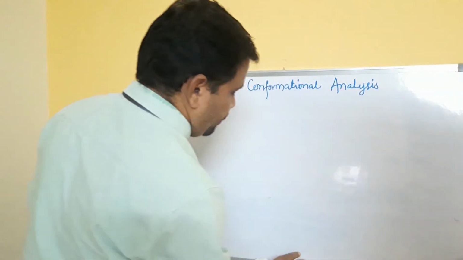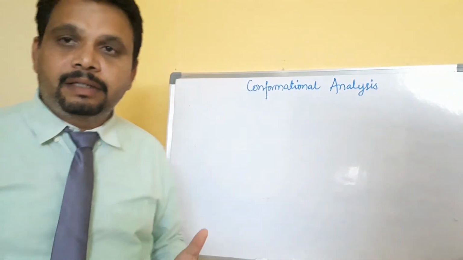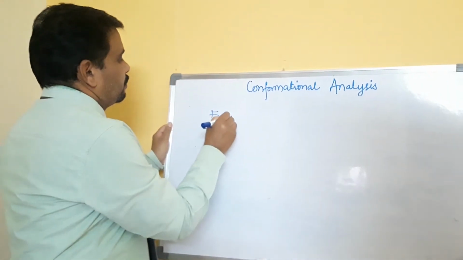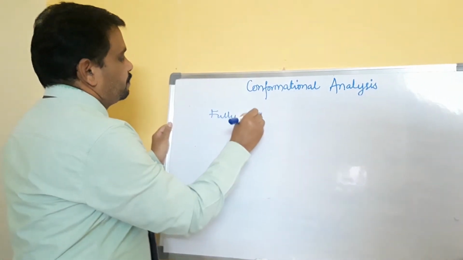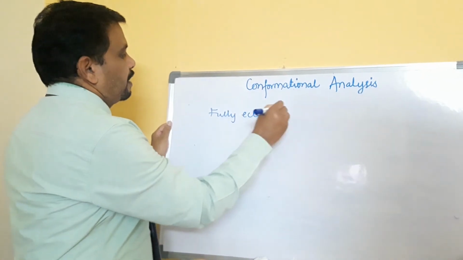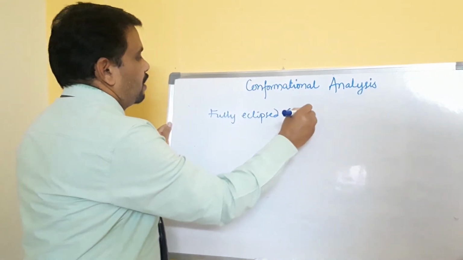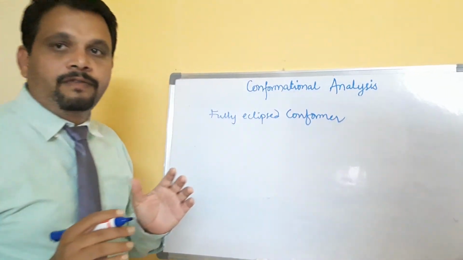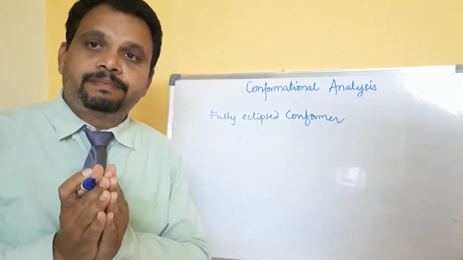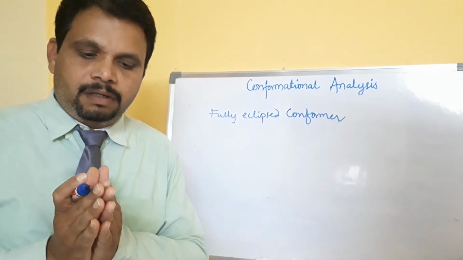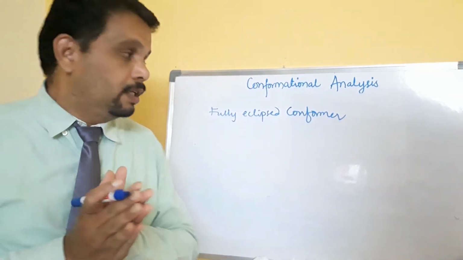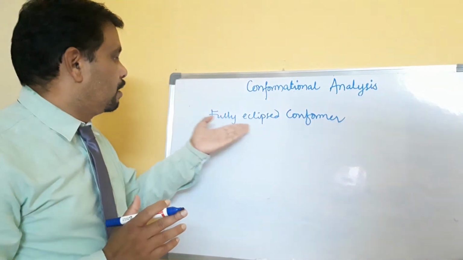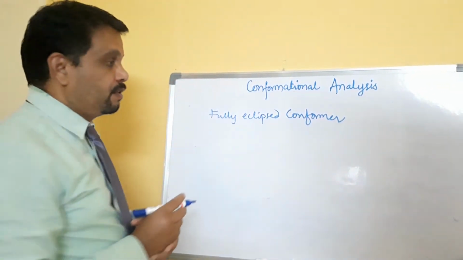So how many types of conformers are there? One is the fully eclipsed conformer. When the fluidicial groups are on top of each other, or in one line, they can be considered as a fully eclipsed conformer.